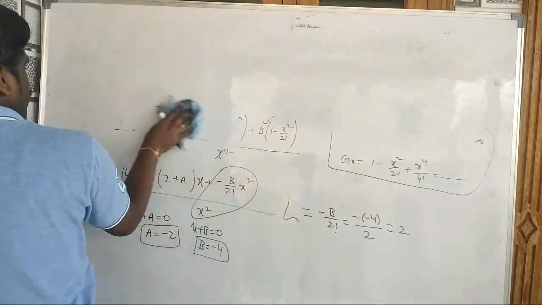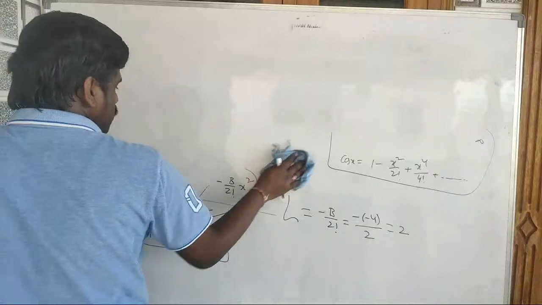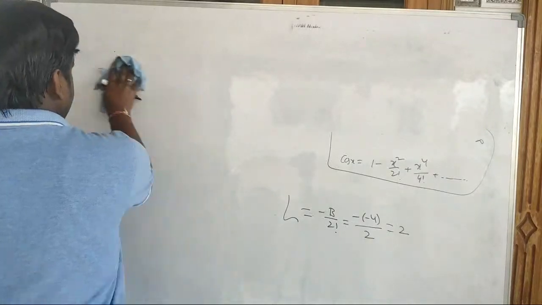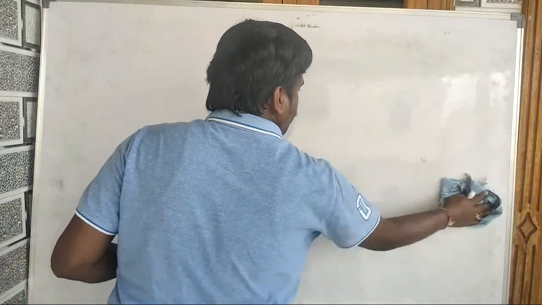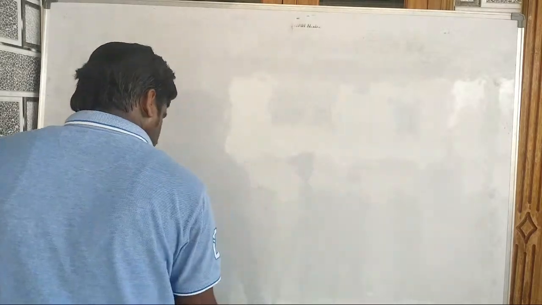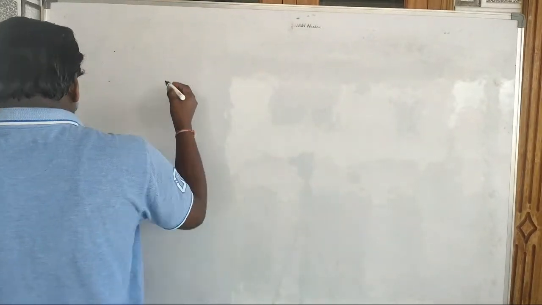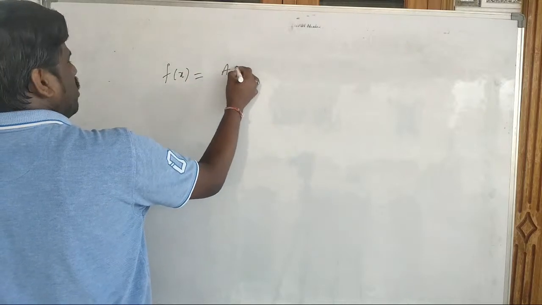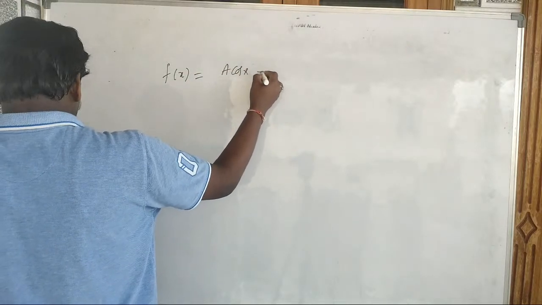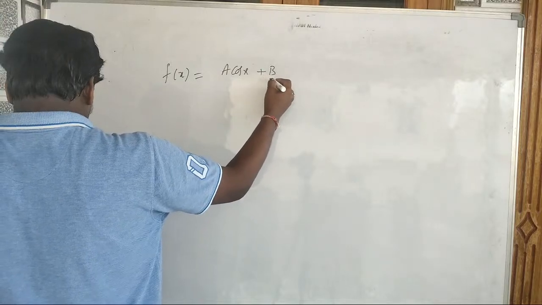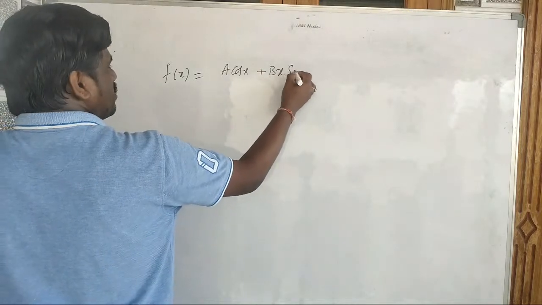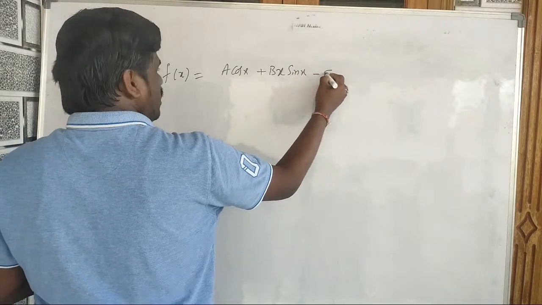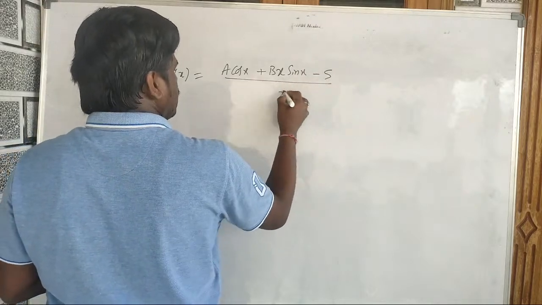So I'll give one question as homework, similar to this. You can do that as homework. The question is like this. f of x is equal to a cos x plus bx sin x minus 5 divided by x power 4.